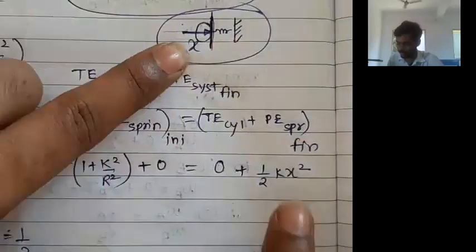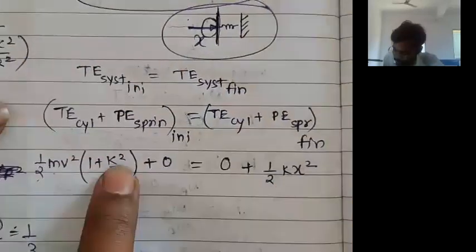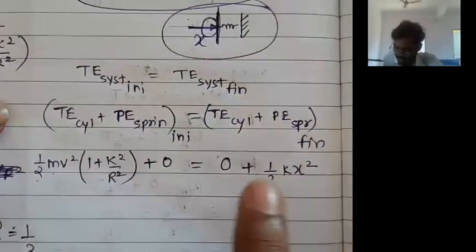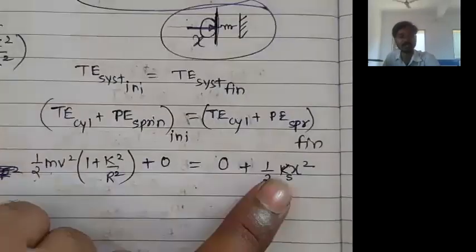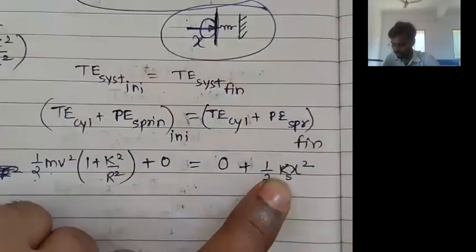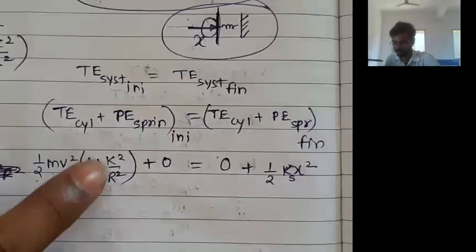Okay, now sir, this k and this k we may get confused. This is the spring constant, so let us write it as ks, and this k is the radius of gyration. Now what is the k square upon r square formula for a cylinder?